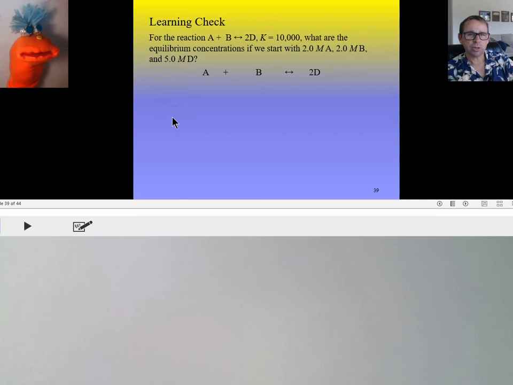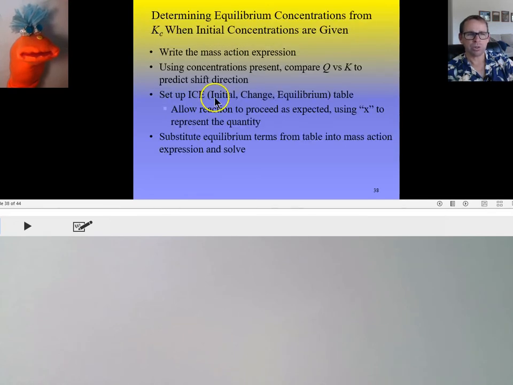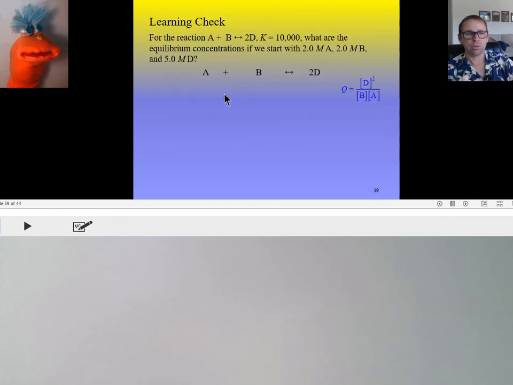To do this, we use an icebox. What an icebox does, I stands for initial, C stands for the change that's going to occur in terms of concentrations. So I is the initial concentration for these different components, A, B, and D as provided here.